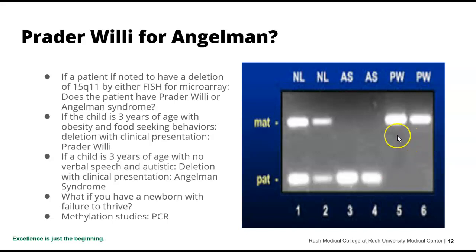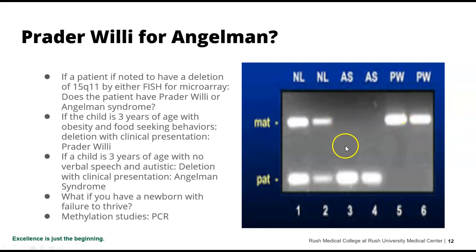So what we do is we look at the methylation pattern. We should have a maternal and paternal methylation pattern. If all we have is a paternal methylation pattern, either the mom's copy was deleted for this region or both copies come from dad. And if we only have a maternal pattern, then either dad's copy is deleted or both copies come from mom.